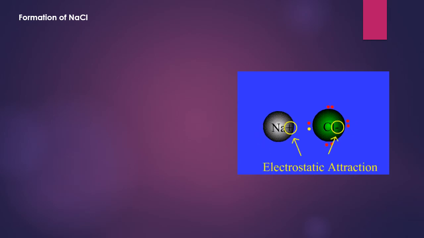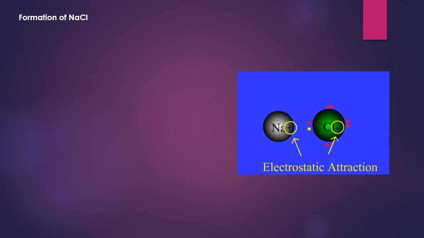Na will give 1 electron to Cl and Cl will accept 1 electron. So Na will be converted into Na plus and Cl will be converted into Cl minus. Na का एटम एक इलेक्ट्रॉन देकर Na प्लस बन जाएगा और Cl का एटम एक इलेक्ट्रॉन लेकर Cl माइनस बन जाएगा.